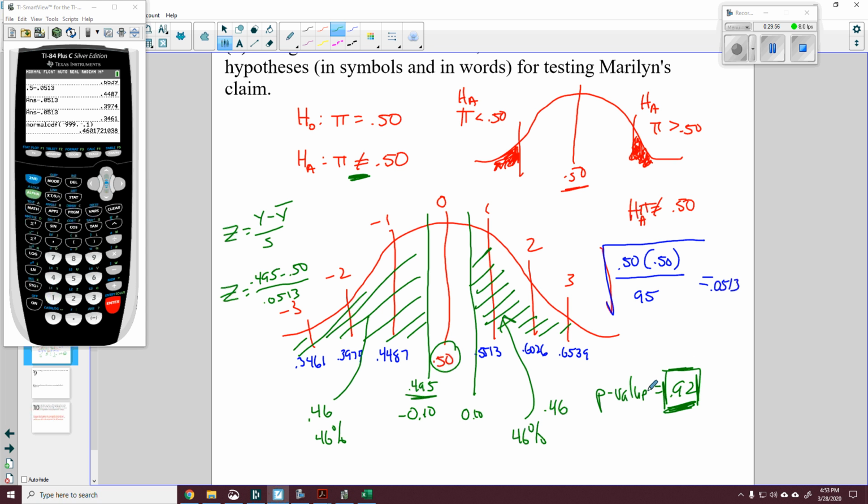So I cannot reject the null hypothesis. I'm not proving the alternative hypothesis, but I cannot reject the null hypothesis. There is no reason to doubt what Marilyn conjectured, that the actual population proportion is 0.5. I have no statistical evidence to doubt that that could very well be true. I'm not saying it is true, but it could very well be true.